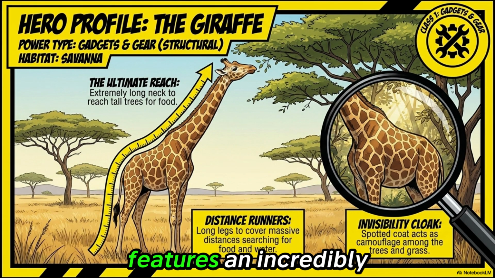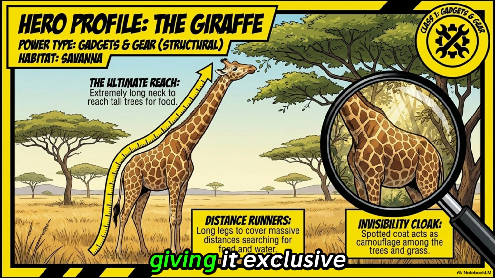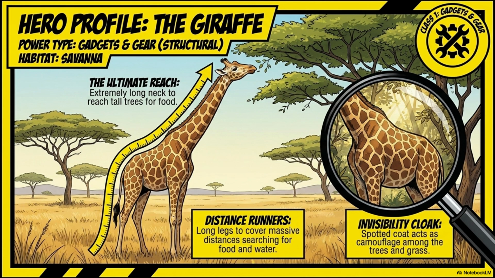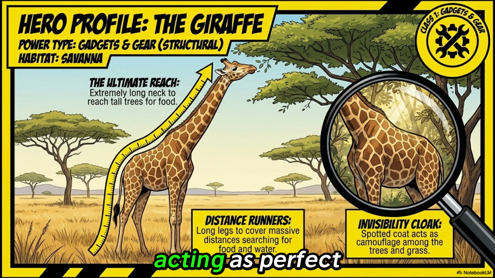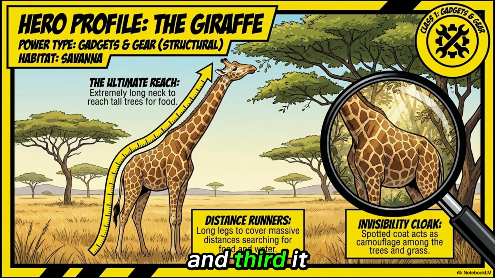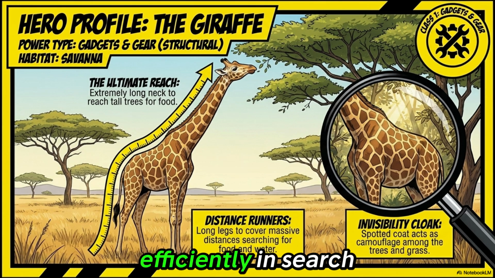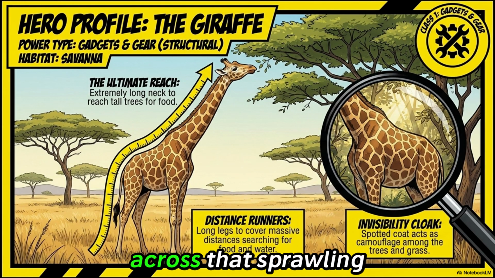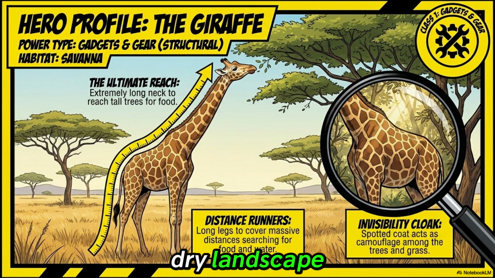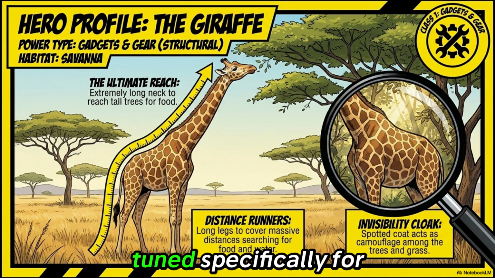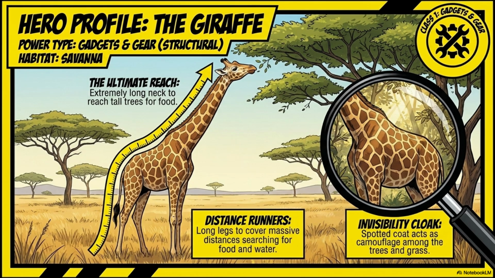First off, it features an incredibly long neck, giving it exclusive access to reach tall trees for food that other grazing animals simply cannot get to. Second, it has a spotted coat acting as perfect camouflage among the trees and grass. And third, it utilizes massive, long legs to cover vast distances efficiently in search of food and water across that sprawling, dry landscape. Every inch of the giraffe is a structural adaptation tuned specifically for the savanna.